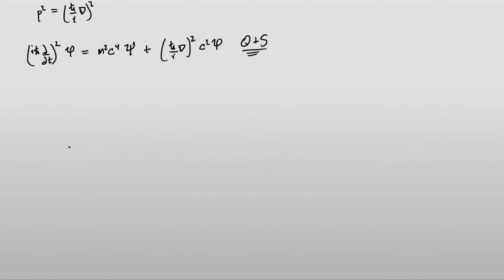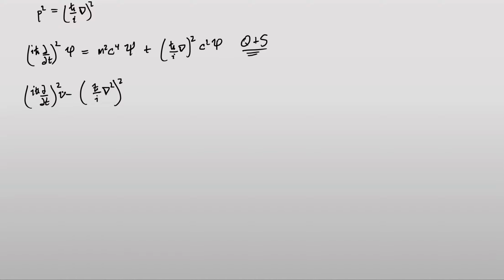We can start manipulating this equation a little bit. So I could say i h bar d dt, and I'm going to square that, and that's going to be minus, I'm going to bring this guy over, so minus h bar over i, squared.